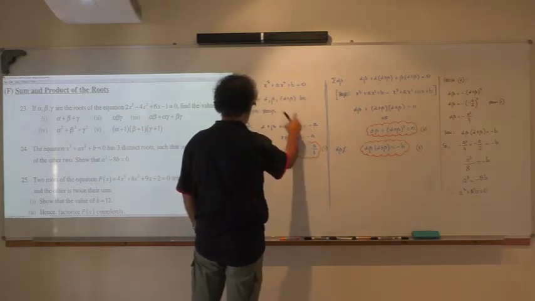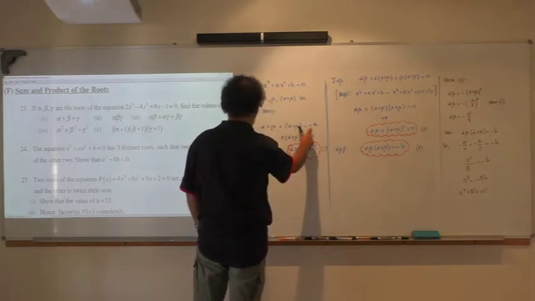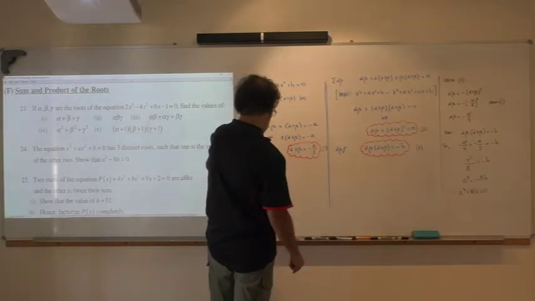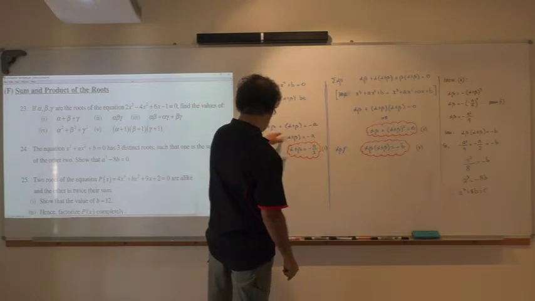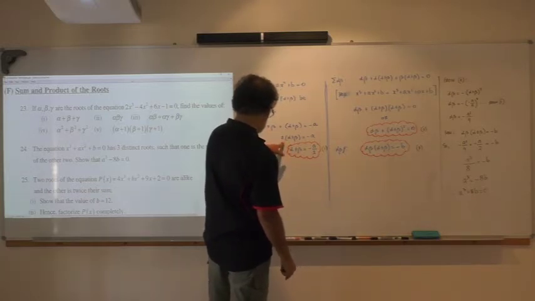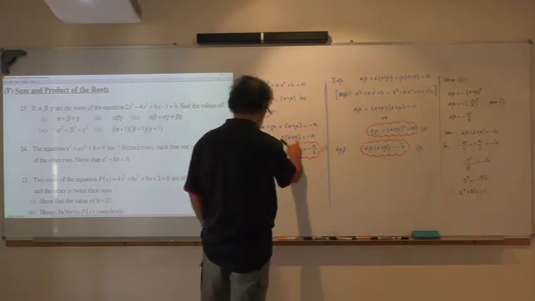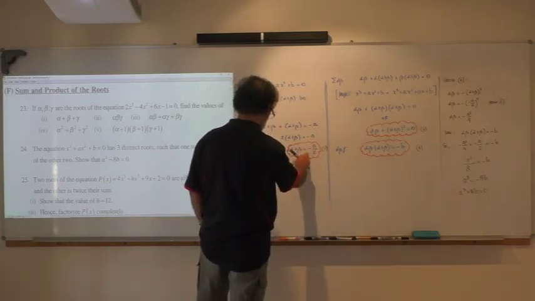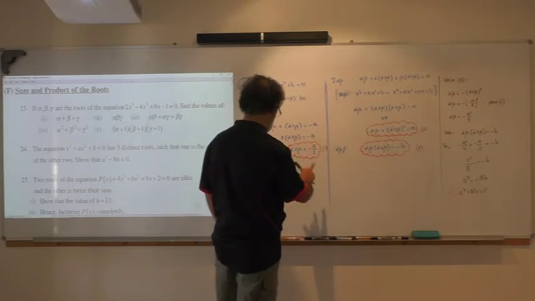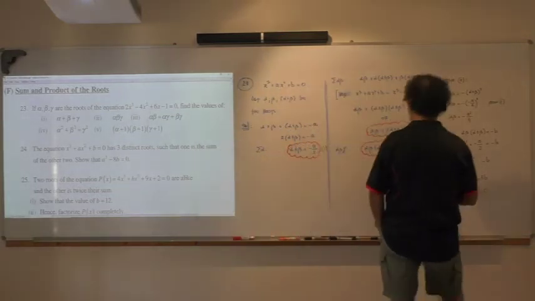So in this case, it's going to be minus a on 1, which is minus a. Okay, and then if you simplify this, then you're going to have 2 alpha plus beta is equal to minus a. So therefore, alpha plus beta is negative a over 2. Okay, so I think that we have that one right.